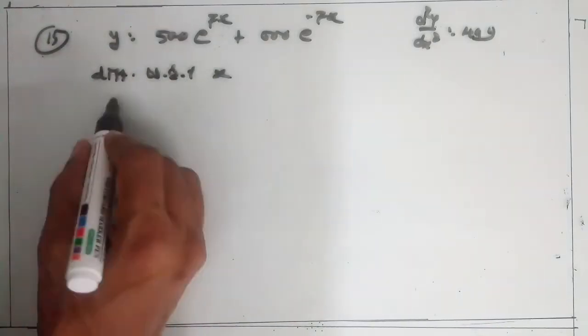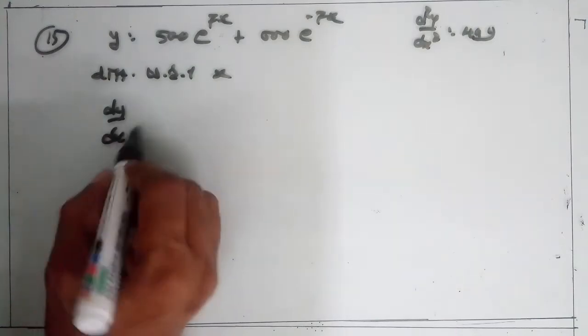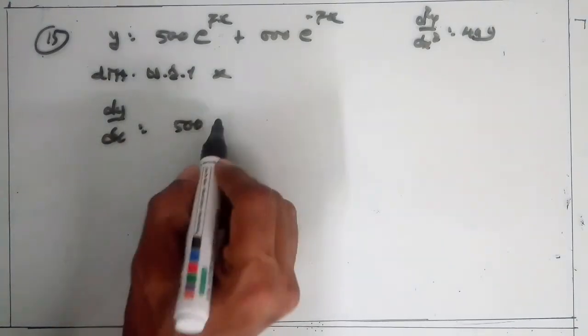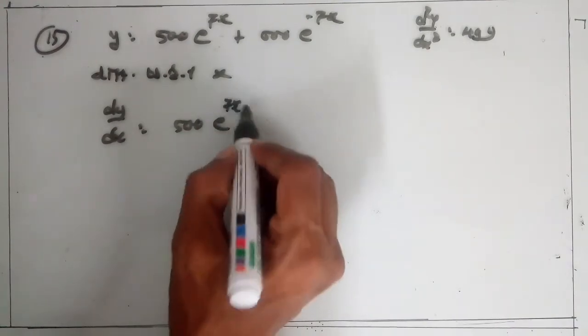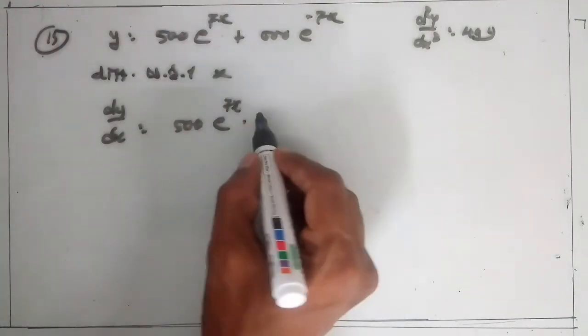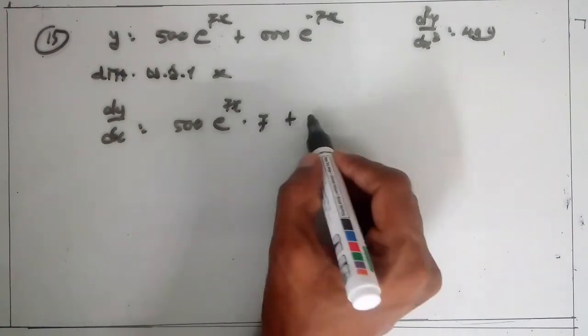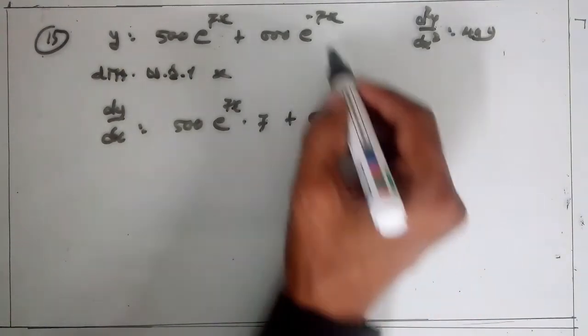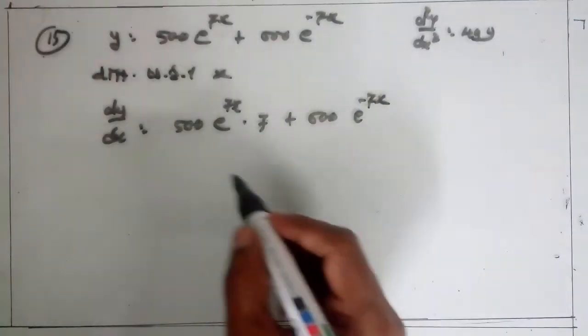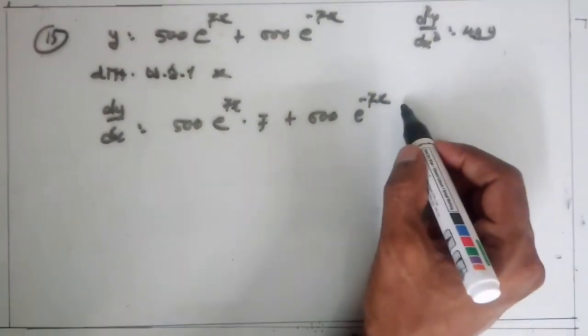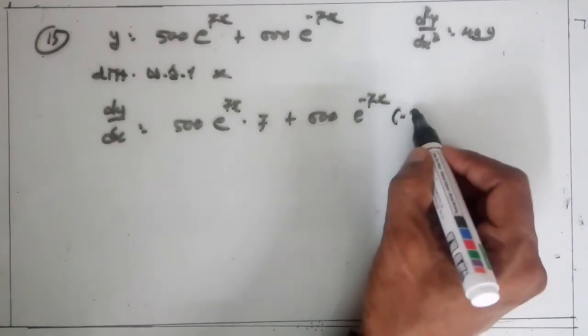Here we get dy dx is equal to 500 derivative of e raised to 7x is e raised to 7x into derivative of 7x, which is 7. Clear? Plus 600 derivative of e raised to minus 7x is e raised to minus 7x into derivative of minus 7x, which is minus 7. Clear?